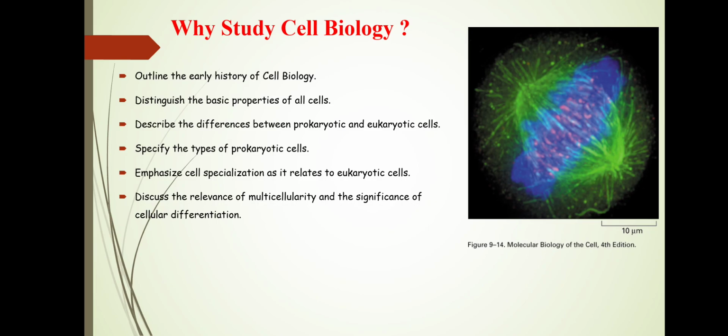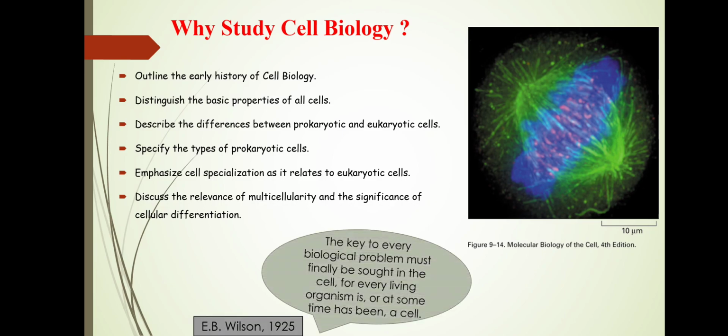It's about the organizational level of organisms, from one cell to tissues, organs, and finally the composed living organism. According to Wilson, the key to every biological problem must finally be sought in the cell.